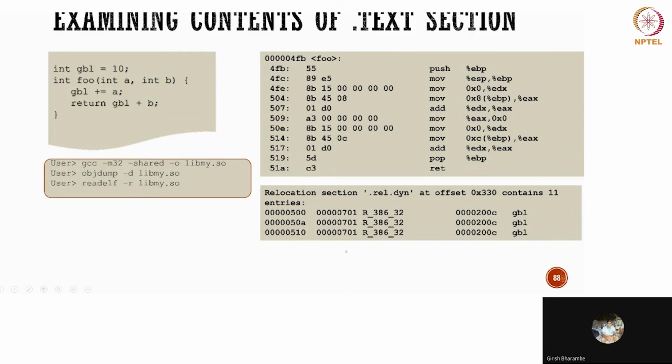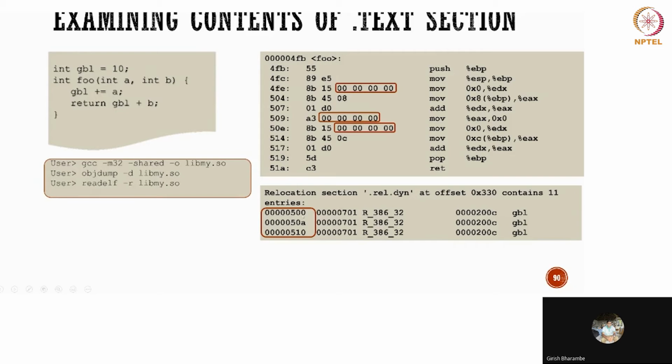So for example, this is saying that at location 500, we must patch the address of GBL using this relocation R_386_32, which, if you recollect, was the absolute address of GBL. Okay, so there are some new relocations that come up in the dynamic shared libraries to resolve the references within the shared libraries.